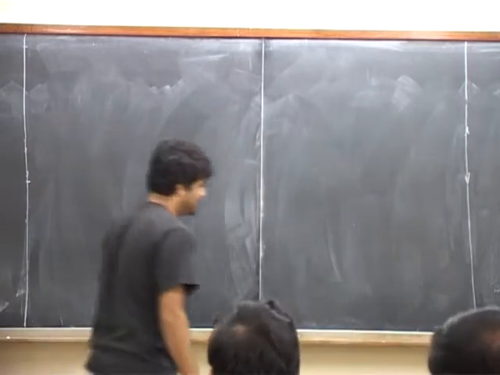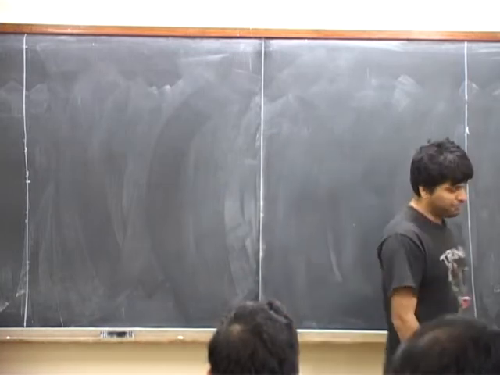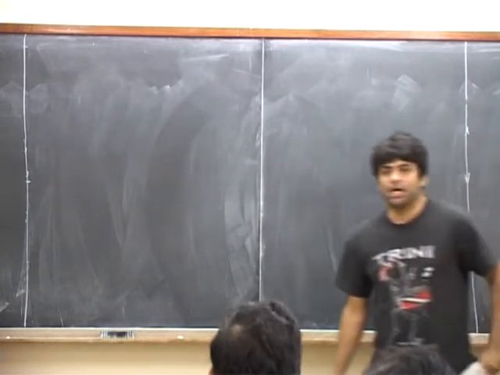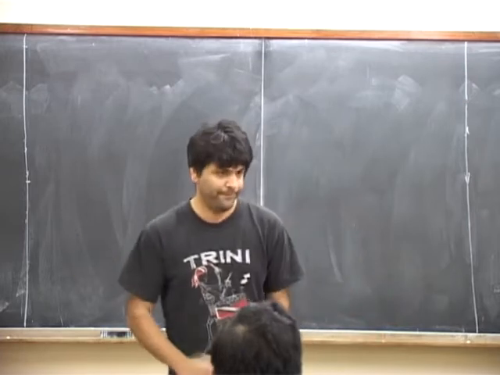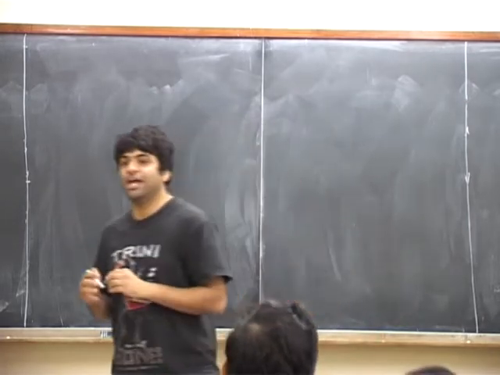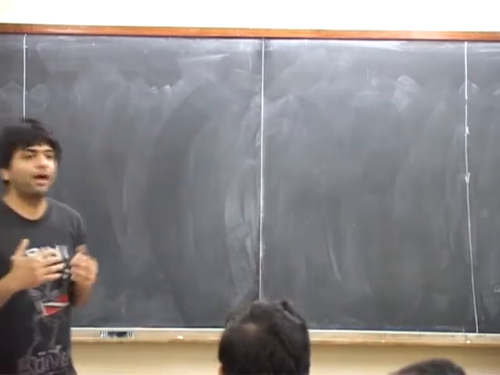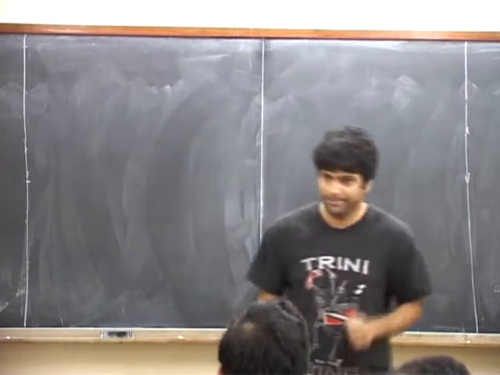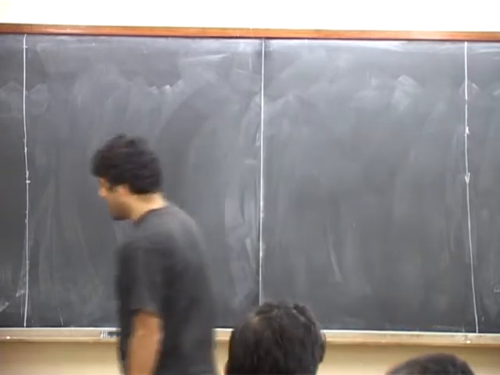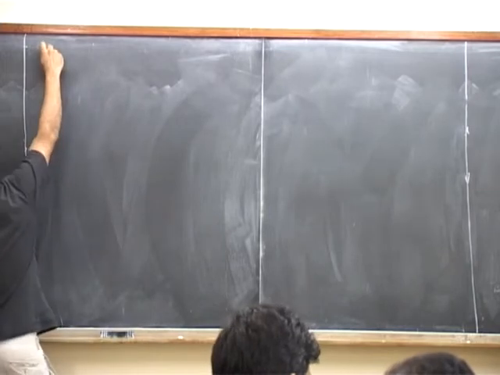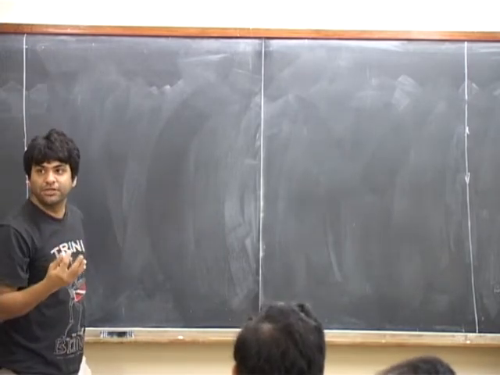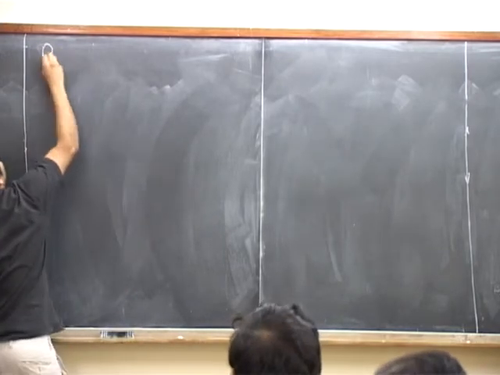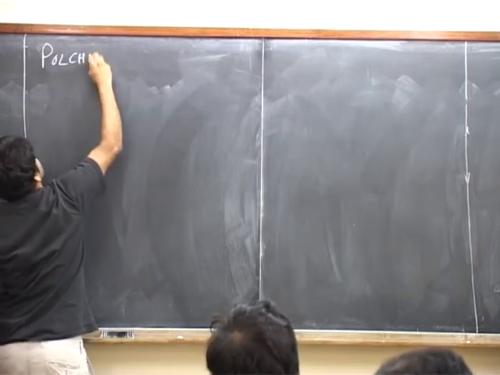The plan for the first part of the course, by first part I mean till May, is to go through a treatment of perturbative string theory. The textbook that will be most useful in this course is Polchinski.